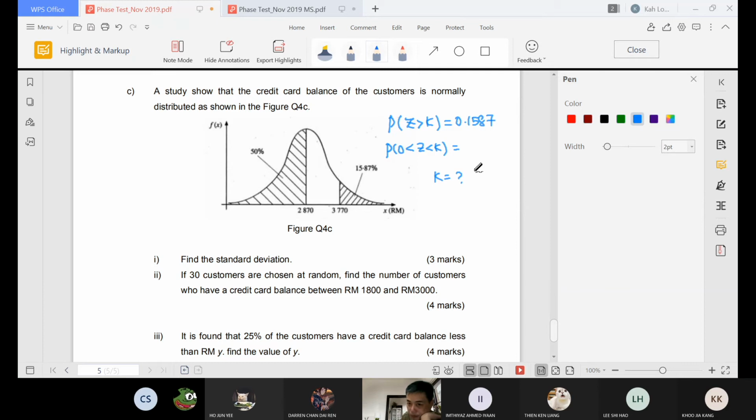So what is the number? 0.3413. Okay, now you tell me what is the K value? Is it 1? 0.3413. Yeah, it's 1 only. Yeah, your K is 1.